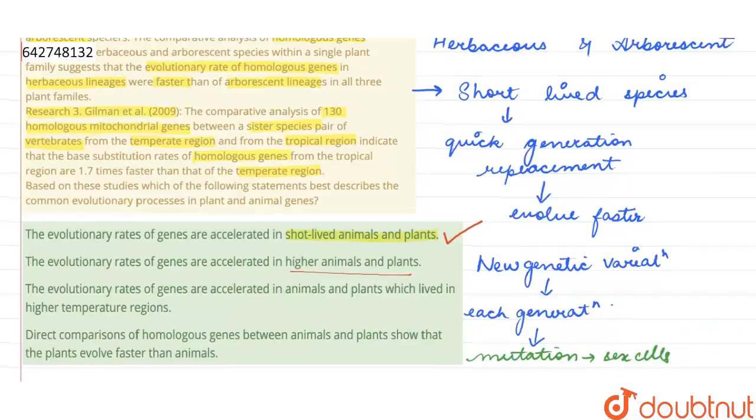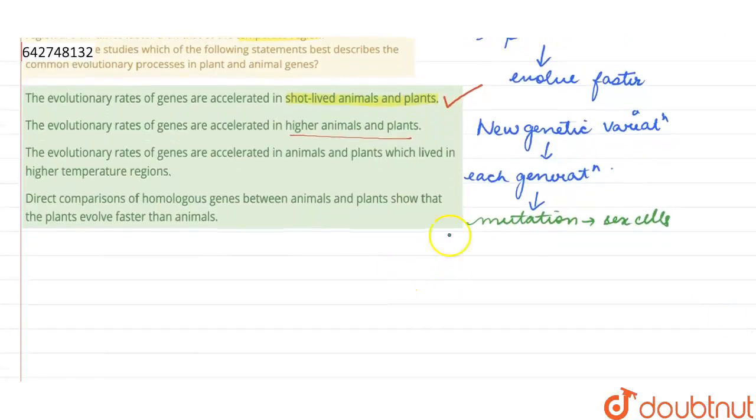So those species which are short-lived and which will quickly divide, which will quickly give us new generations, will show more species diversity. And this is based on the environment as well as time.